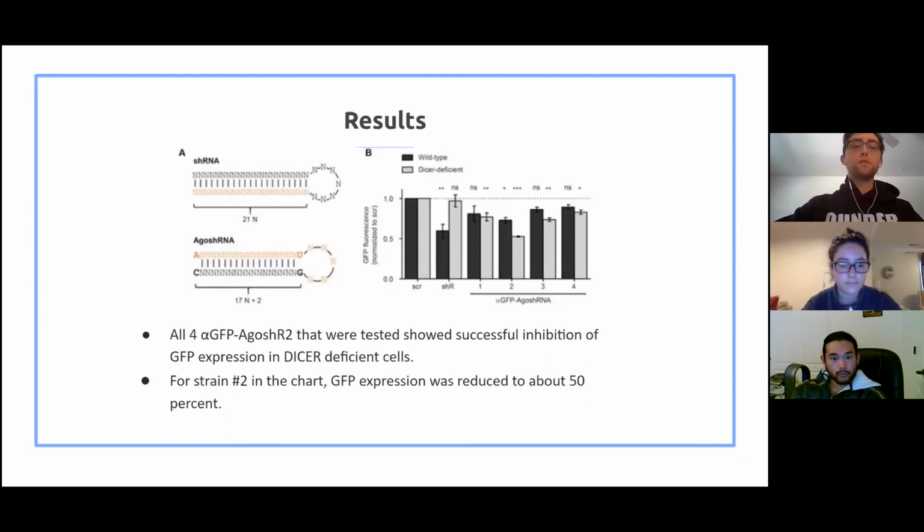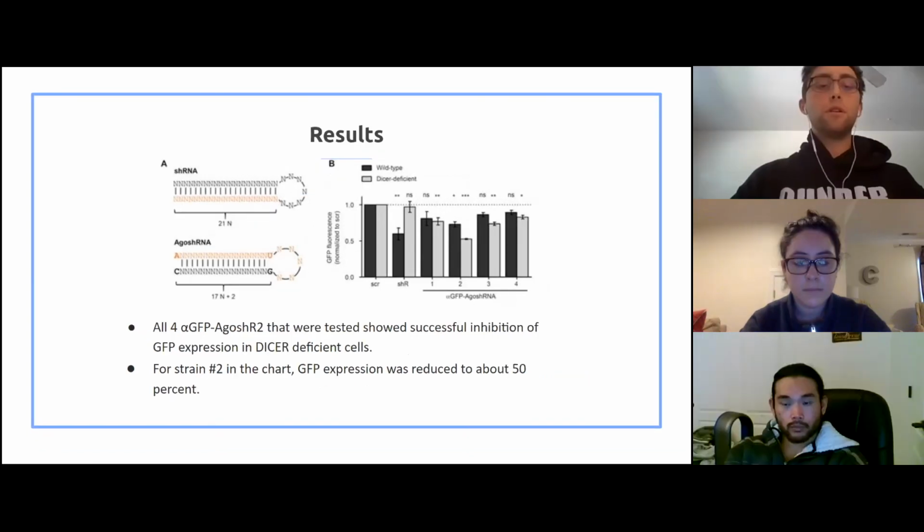Moving on to results. The first set of results assessed the GFP knockdown efficiency in wild type versus dicer deficient MEFs, or mouse embryonic fibroblasts. The anti-GFP AGO shRNAs, along with the positive control, reduced GFP fluorescence significantly more than the wild type cells compared to the negative control.